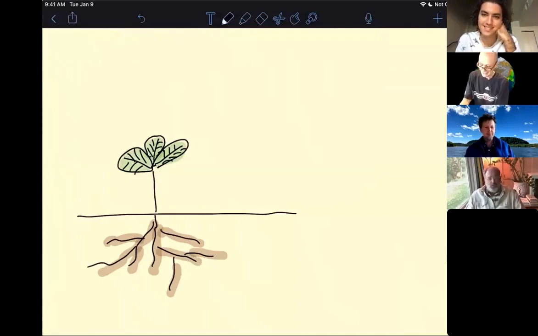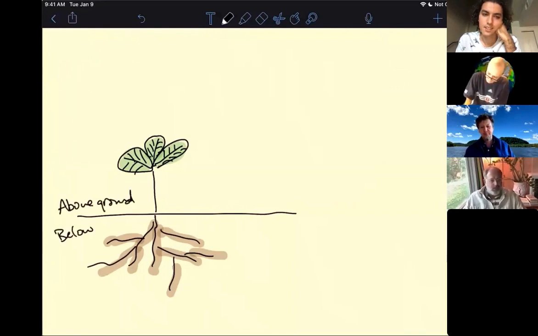What you just drew, Claudio, was the plant biomass, the above ground and the below ground plant biomass. And I just want to say that biomass is about 50% carbon. So when we talk about the carbon cycle, this is a critical starting point, that those plants have built their biomass by taking carbon out of the atmosphere, CO2, and turning it into biomass.